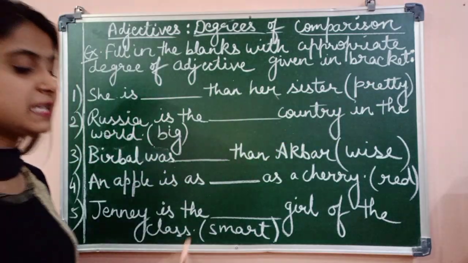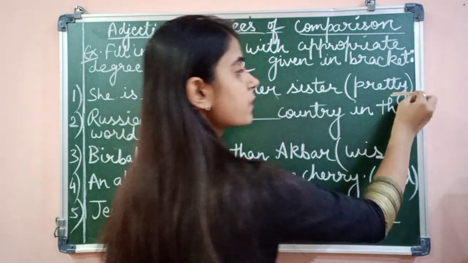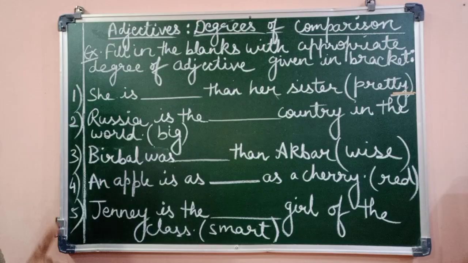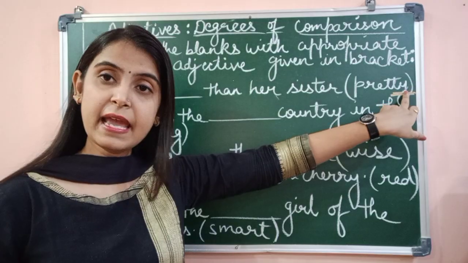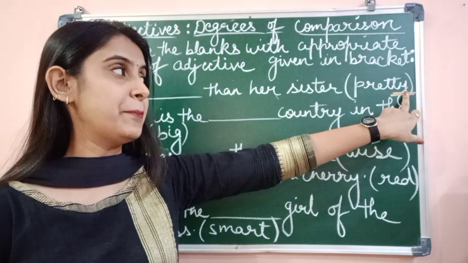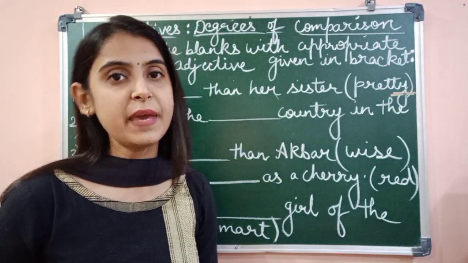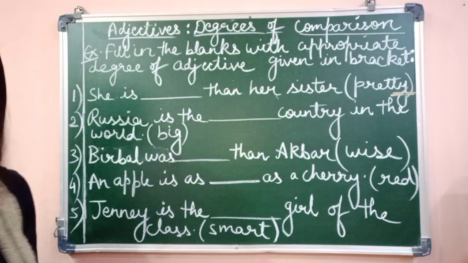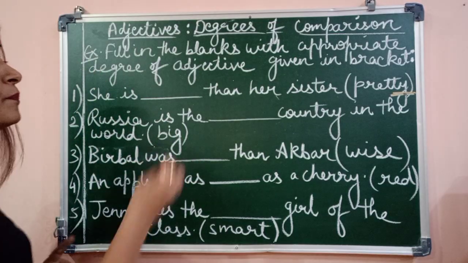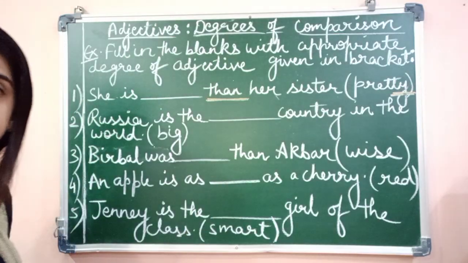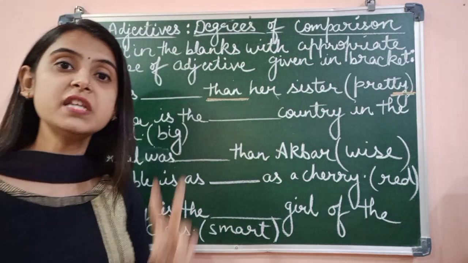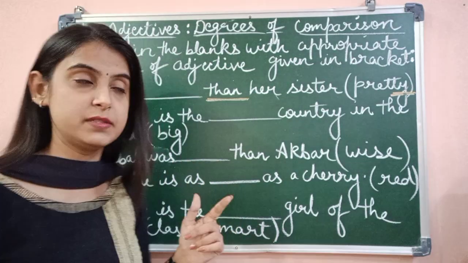Now children, you see pretty ends in Y. We learned a rule that if an adjective ends in Y, we change Y to I and we add ER to make comparative and EST to make superlative. Now here which degree will be used? Here I already told you that whenever we have than, it means there is a comparison between 2 things or 2 persons, right?